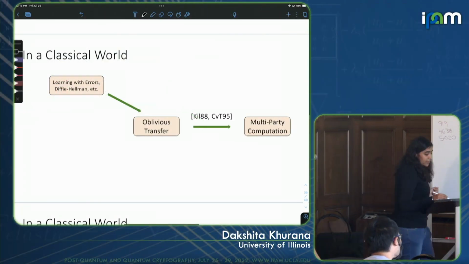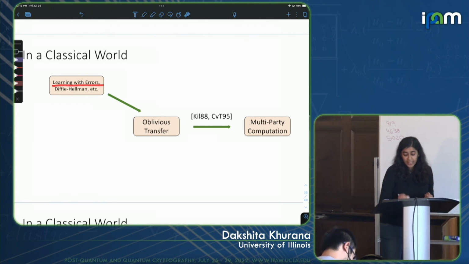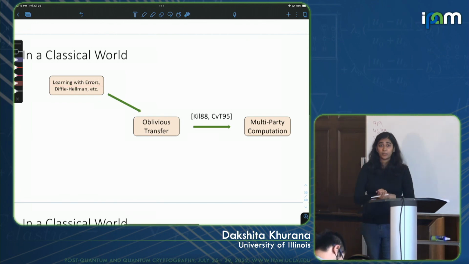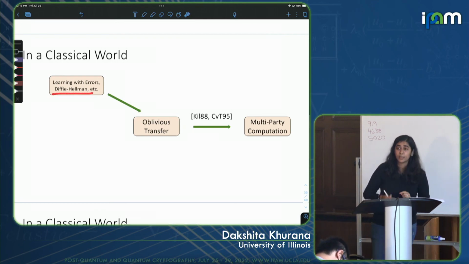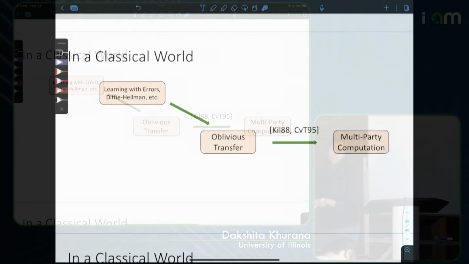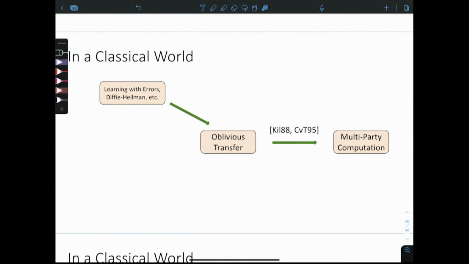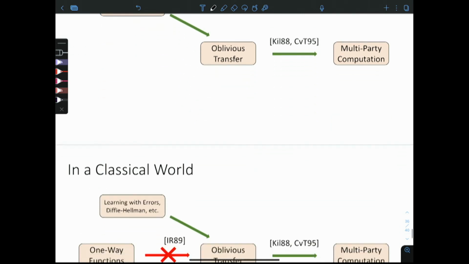So it turns out that under assumptions like learning with errors, which you heard about on Wednesday, and assumptions like Diffie-Hellman, which is an assumption that's classically secure but broken by quantum computers, under these types of assumptions, either learning with errors or Diffie-Hellman or a bunch of other assumptions, you can build oblivious transfer protocols. And those imply multi-party computation.